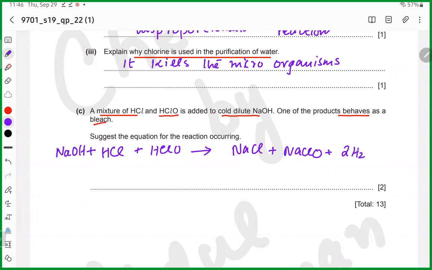NaClO3 फॉर्म हो रहा है along with 2 moles of water. जी ये क्लियर है सबको? Yes, sir. इसके अंदर हम लोग accurate कैसे equation बना सकते हैं?